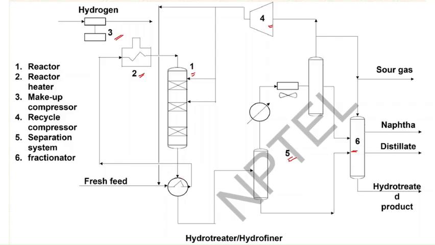After exchanging heat with the final product from the reactor, the mixture of feedstock and hydrogen will be taken to the reactor heater, where it will be heated to the desired temperature, and further it will be introduced into the reactor from the top, where it will be treated with hydrogen. Makeup hydrogen will be introduced at each stage.